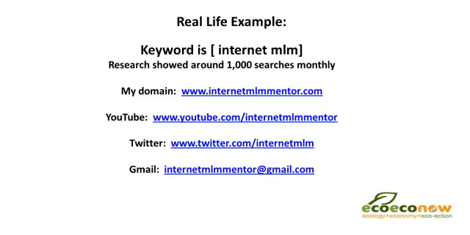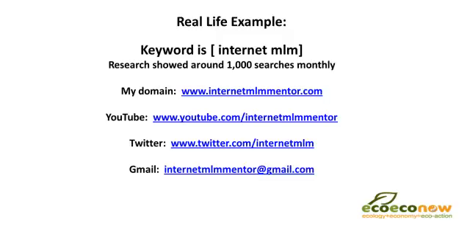I want to show you a real life example. When I was first learning a lot of these skills on the internet, I was selling some products and training that helped home-based business people, network marketers, learn how to use the internet to recruit more people, to make more sales, to get more leads.